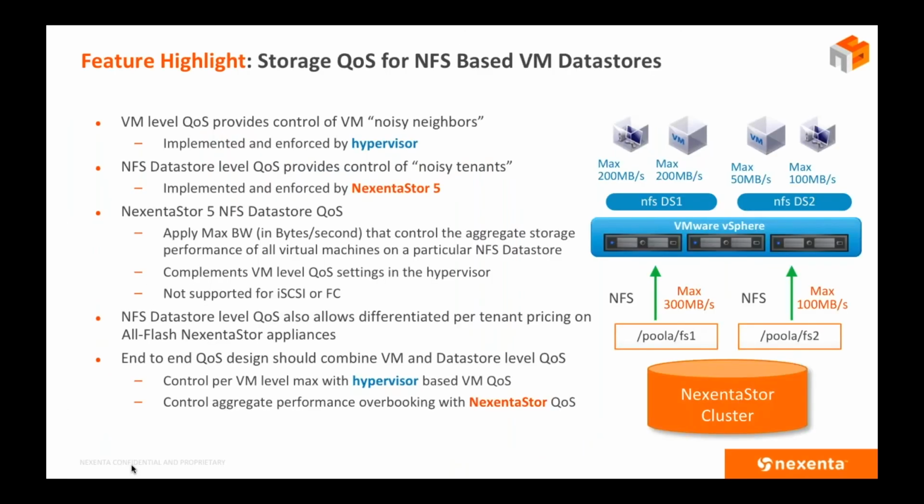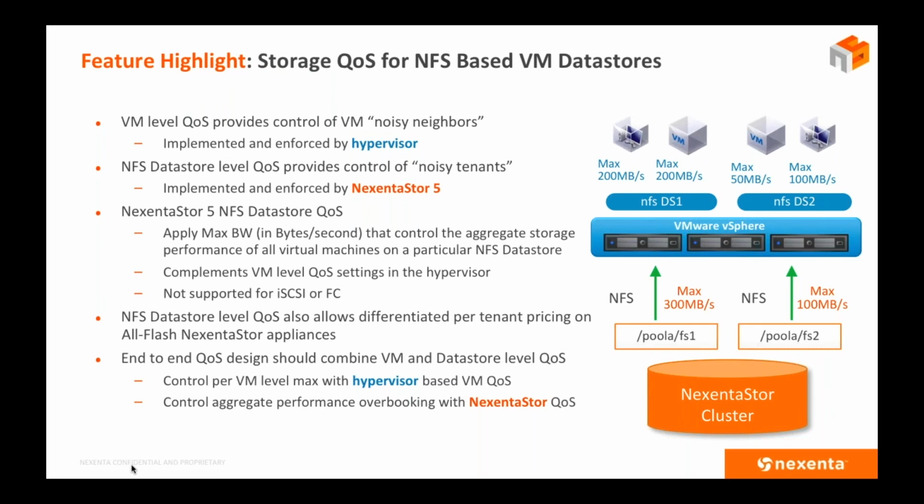So going into the first of the features, I'm going to touch on storage QoS. Now, this came up when we were talking to some of our service provider customers, and they had this issue where they were presenting out different storage types. They would have an all-disk solution, they had purchased an all-flash solution, and they were able in the past to have these multiple layers, and they could charge their customers appropriately for gold, silver, bronze type support.